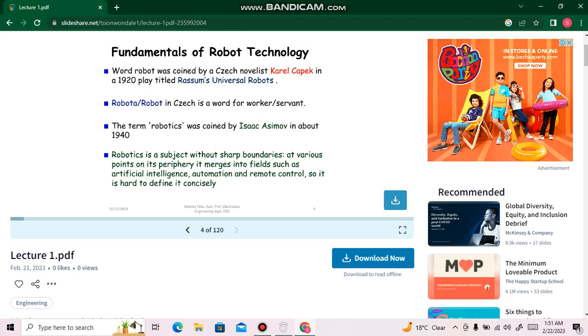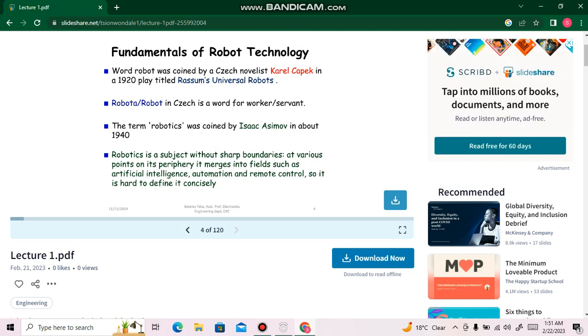The term robotics was coined by Isaac Asimov in about 1940. Robotics is a subject without sharp boundaries at various points on its periphery. It may spill over into fields such as artificial intelligence, automation, and remote control, so it is hard to define concisely.